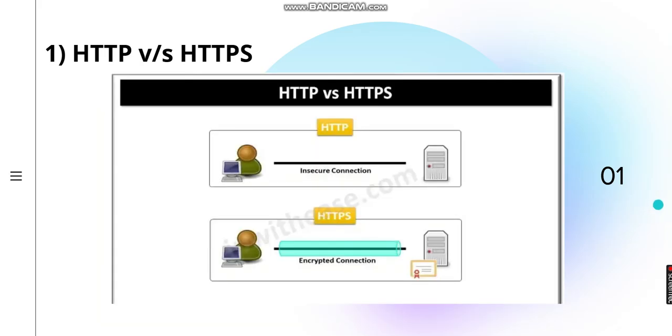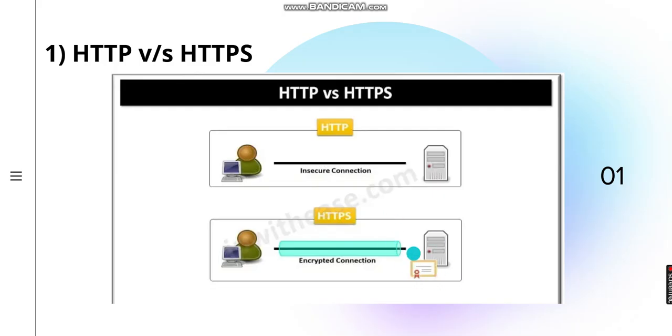That is why in modern websites, they make use of HTTPS. HTTPS encrypts all the data using the SSL or TLS protocol. So HTTP is an insecure connection, whereas HTTPS encrypts all the data from the server using the SSL or TLS protocol, ensuring that even if someone is intercepting the request, they can't read it or alter it.